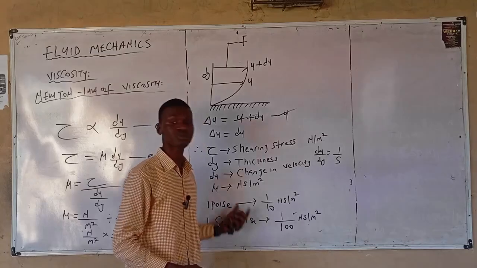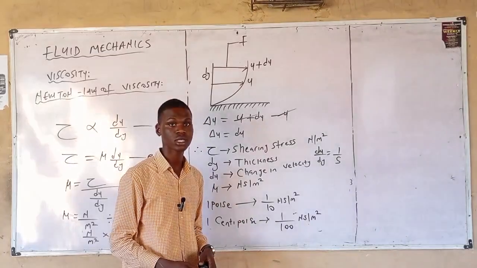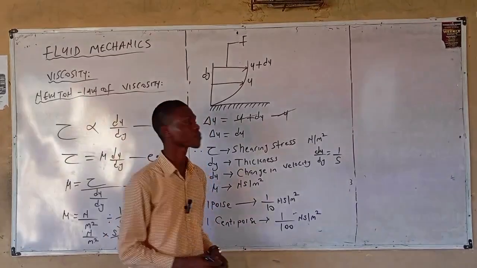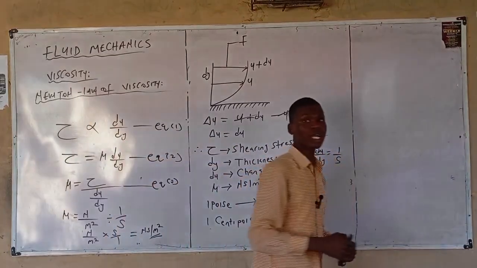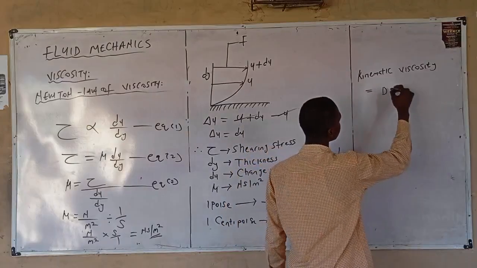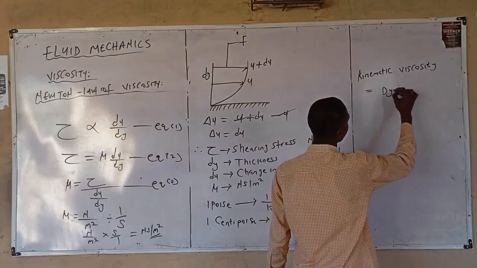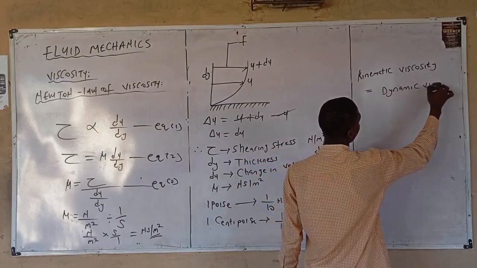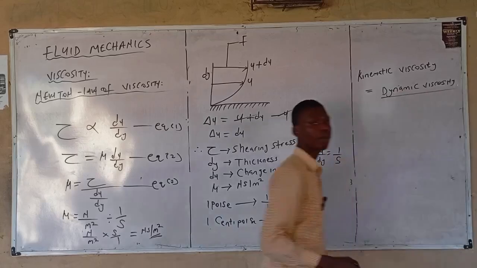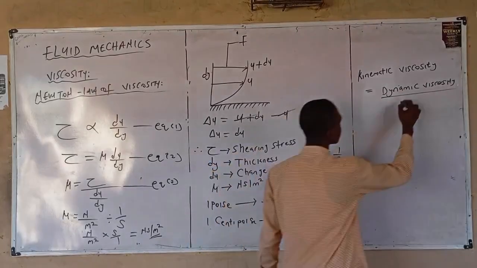Another way to express viscosity is in Stokes. But before going into that, know this: your kinematic viscosity is equal to your dynamic viscosity divided by your density.